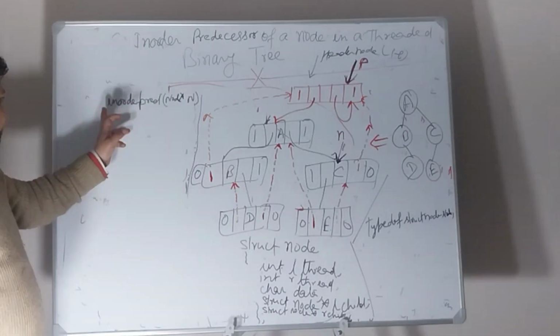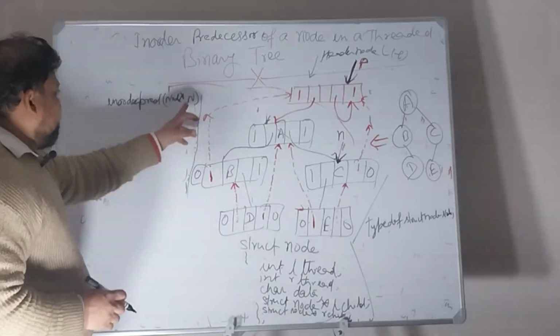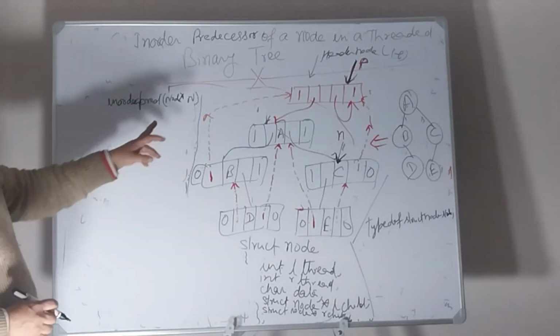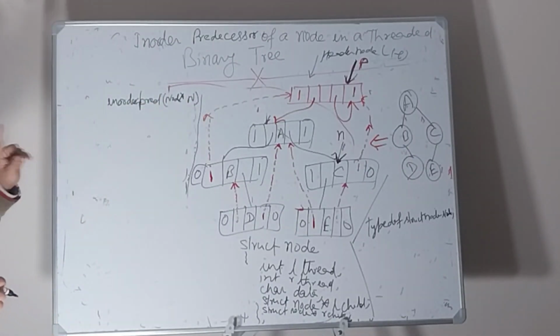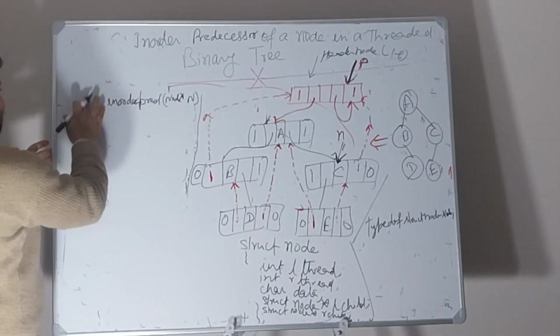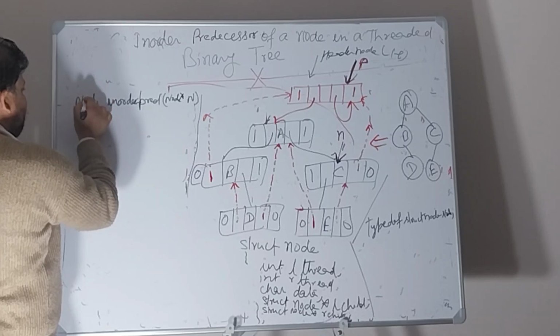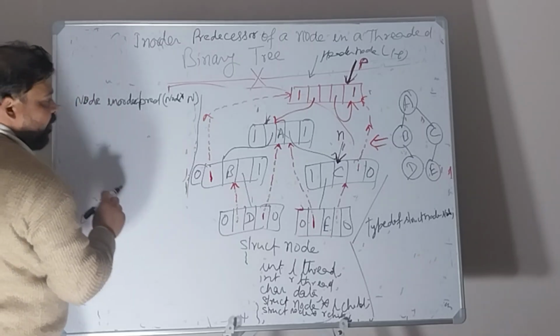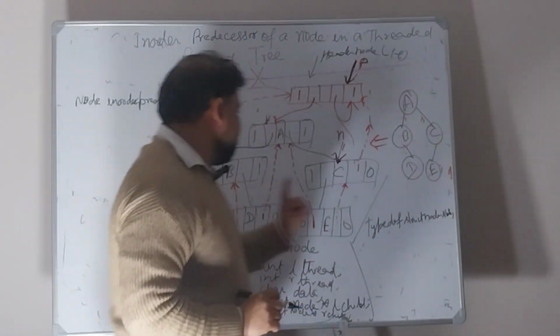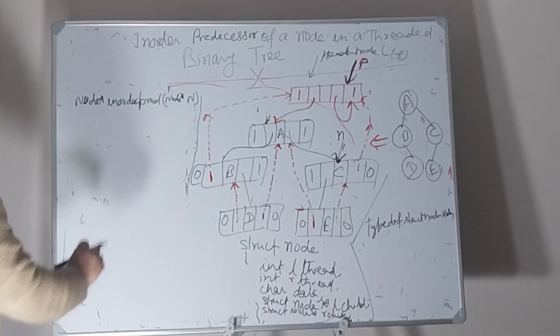So the function name is inorder predecessor. The parameter is of the node type, so I have taken a node type pointer to point to that specific node. And then the return type is also a node type, so I'll take this as the return type. So node, here it is defined in capital, so that's why I'm writing node star. It is also a pointer type.